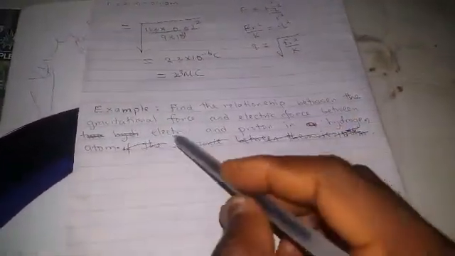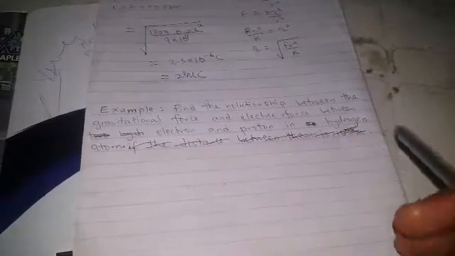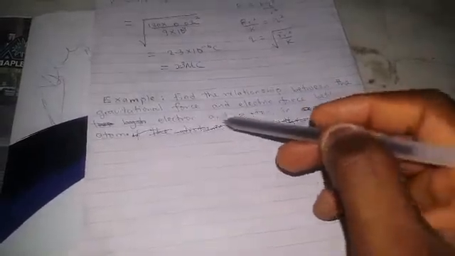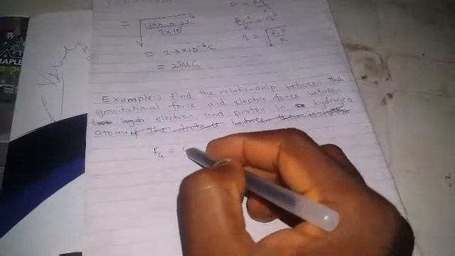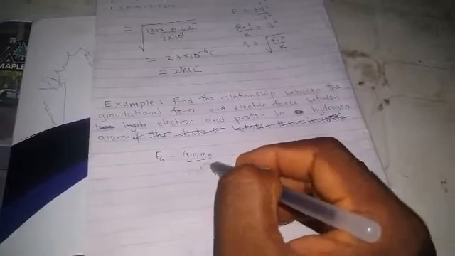Find the relationship between the gravitational force and the electric force between an electron and a proton in a hydrogen atom. There is a gravitational force between them. What is the formula for the force of gravity? Force of gravity is simply G m1 m2 all over r squared. The electrostatic force, according to Coulomb's law, is k q1 q2 all over r squared.